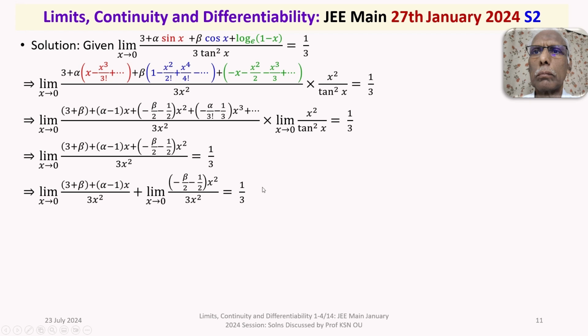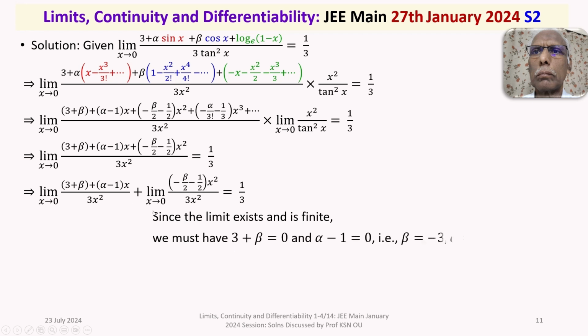And when the limit exists and it is finite, 3 plus beta is 0 and alpha minus 1 is equal to 0. Right. So since the limit exists and is finite, we must have 3 plus beta is 0, alpha minus 1 is equal to 0. That is, beta is equal to minus 3, alpha is equal to 1. Why not?